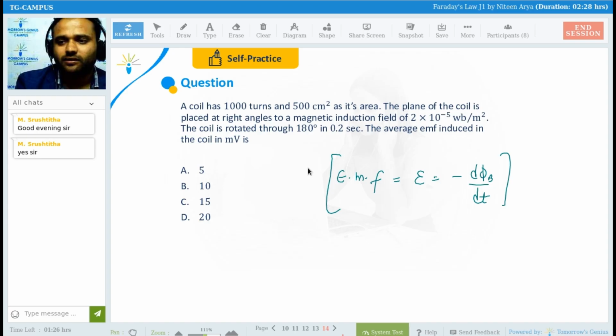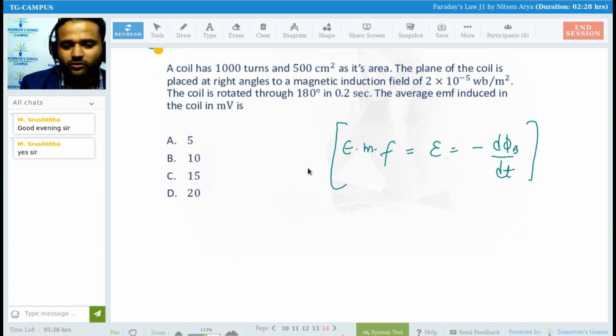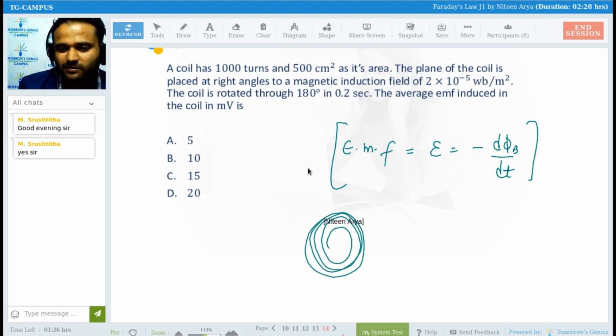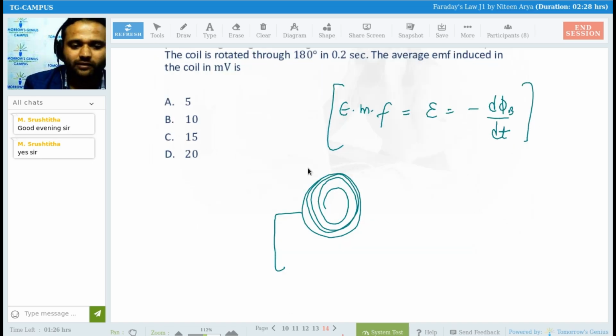Now, what is the meaning of this? Should I draw that? Yes, I can. Suppose these are my coils, not properly made. With this coil, I attach a galvanometer.